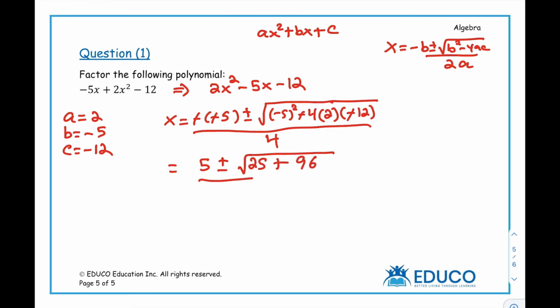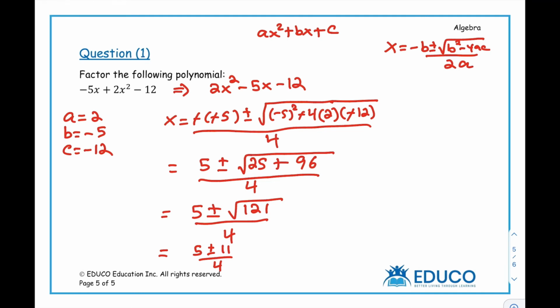And that's all divided by 4. And that's equal to 5 plus or minus the square root. Now 25 plus 96 gives me 121 divided by 4. And the square root of 121 is 11, so that's 5 plus or minus 11 over 4.